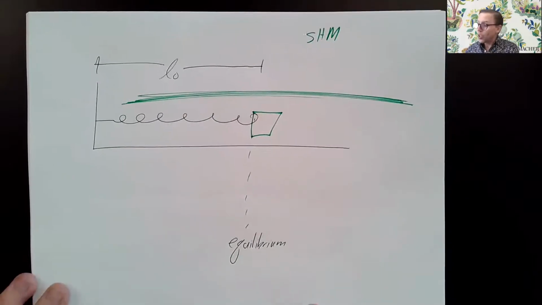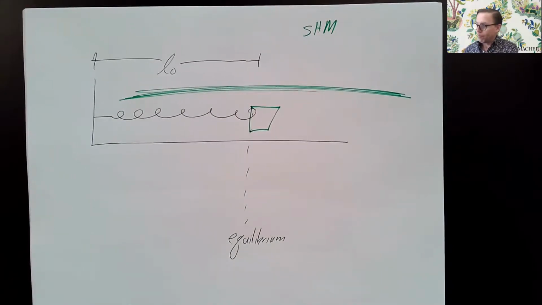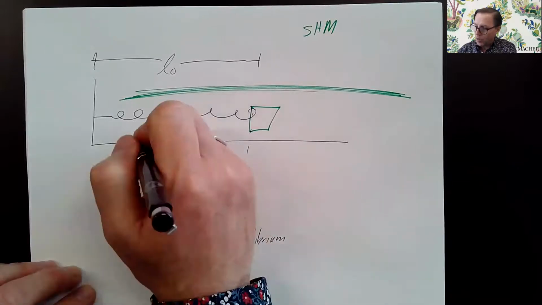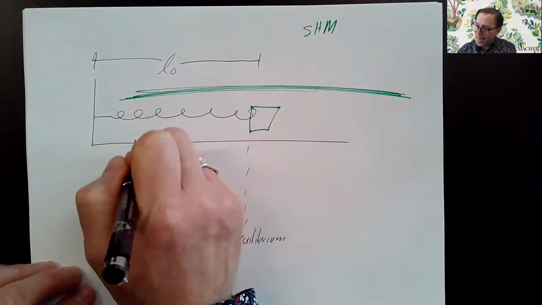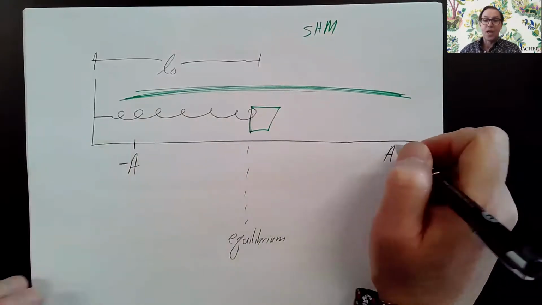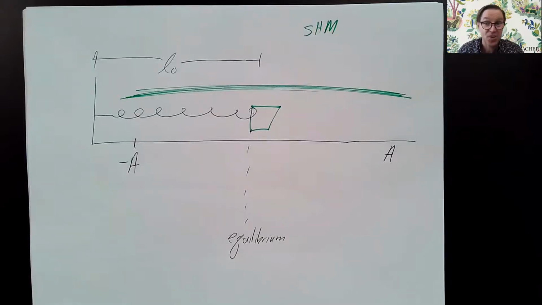So let's look at, we've talked about its displacement. We go from, over here, I'm going to call this negative A, and I'm going to call this A. Ooh, does that remind you of the end of last time?